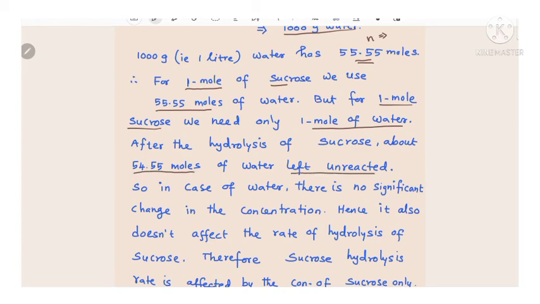Now when you compare the initial concentration of water, 55.55 moles, with the concentration remaining after the reaction, 54.55 moles, there is not much difference. That is the reason we assume the concentration of water remains constant, and I said the concentration of water has no impact on the rate of the chemical reaction.